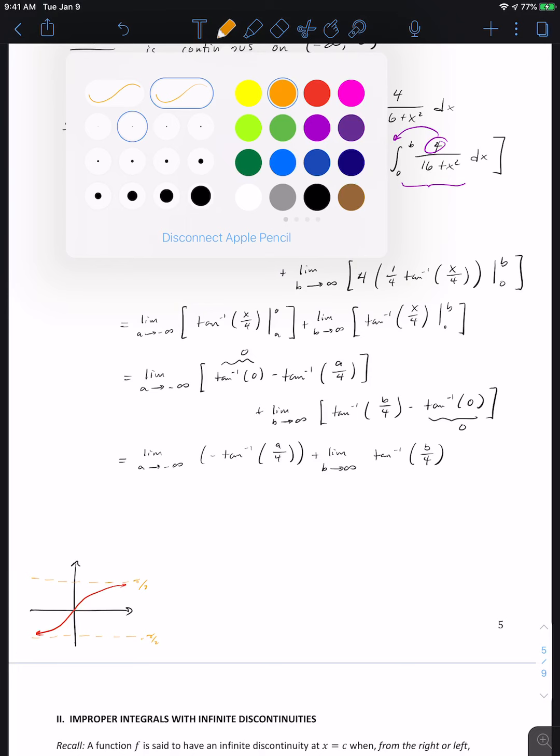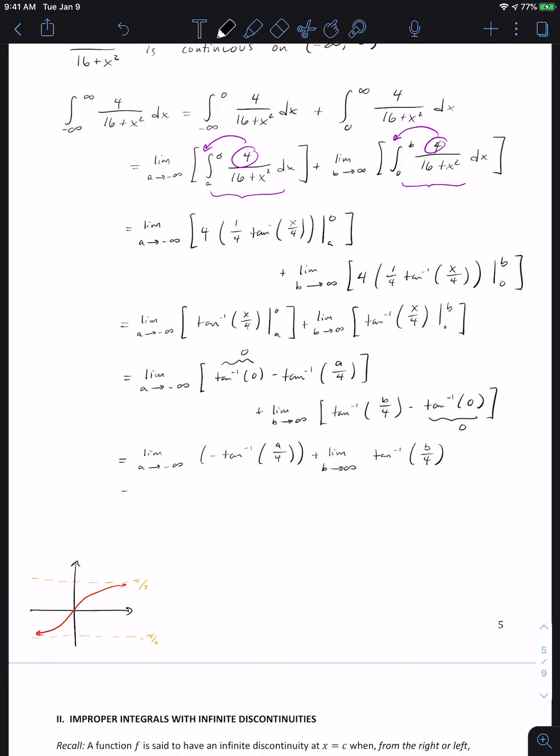All right? So what does that mean? Well, when I look at this limit and plug in negative infinity to a over 4, the x over 4 doesn't affect what the tangent inverse does. So in other words, when I take tangent inverse and plug in negative infinity, when I go all the way over here, I would go to negative pi over 2, right?